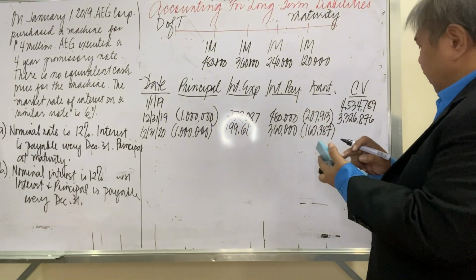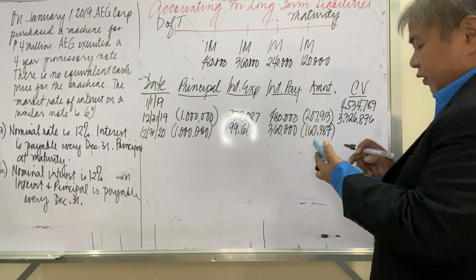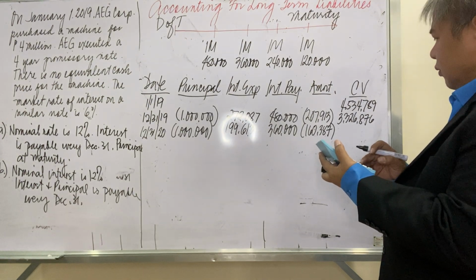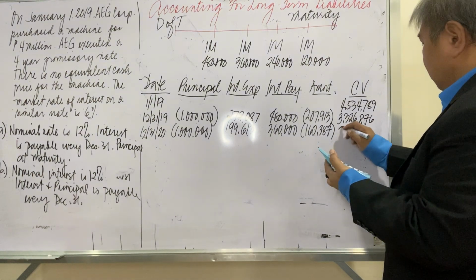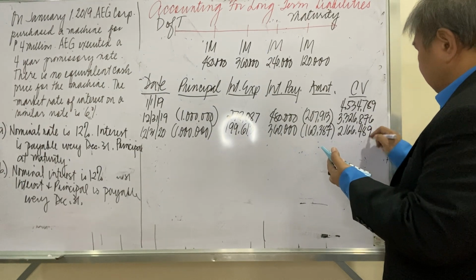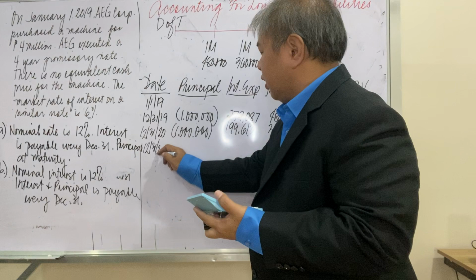So 3,326,876 minus 1 million minus 160,387 is 2,166,489.